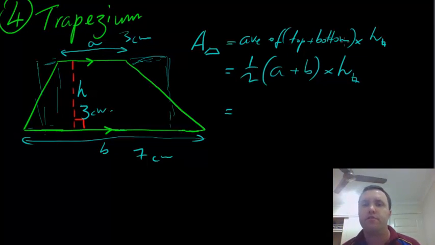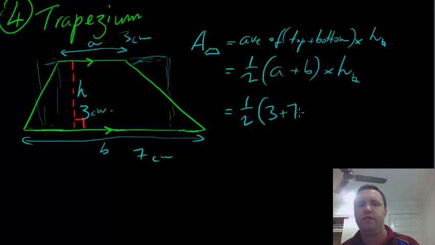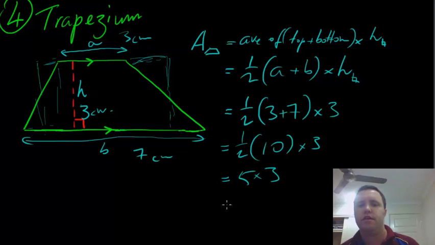Area of this trapezium is the average of top and bottom times perpendicular height. So half of 3 plus 7 times 3. Okay, so we work out our brackets first. Half of 10 times 3. So we have 5 times 3 equals 15 centimeters squared.